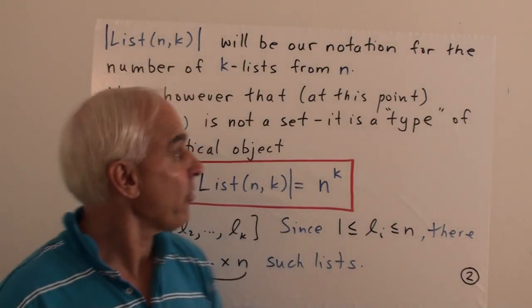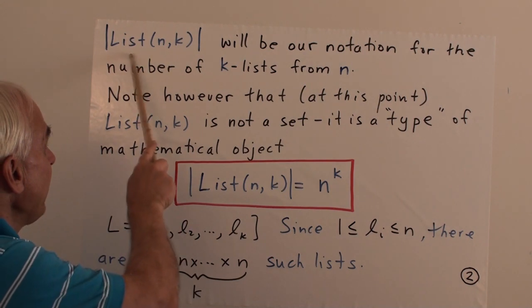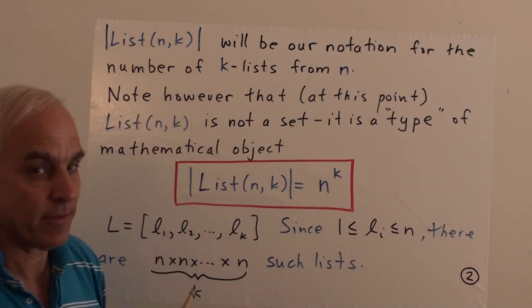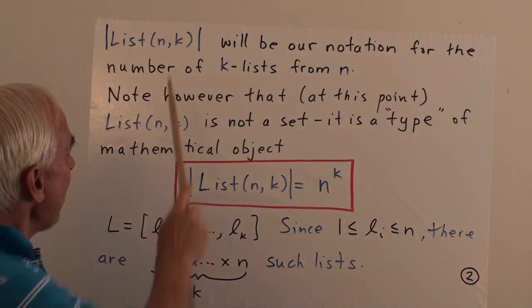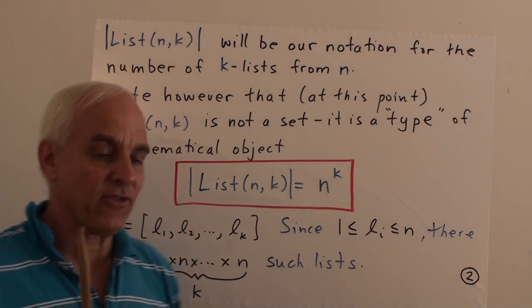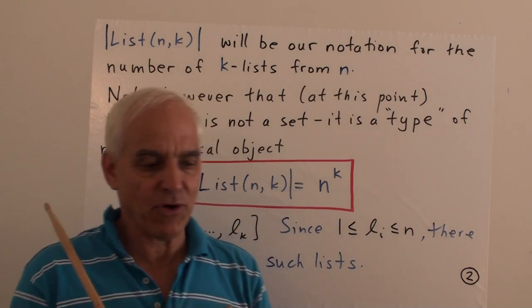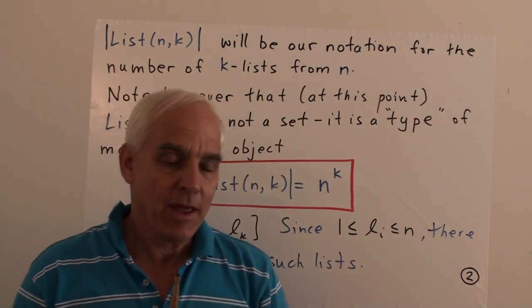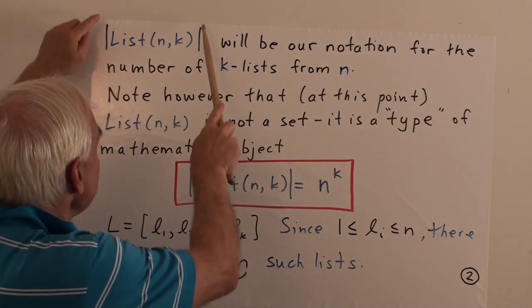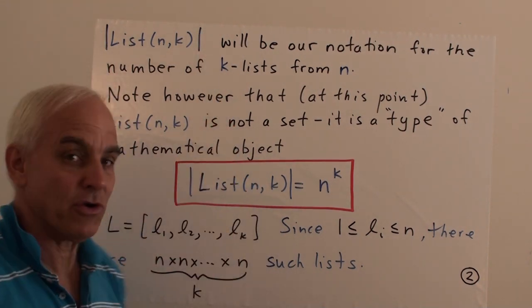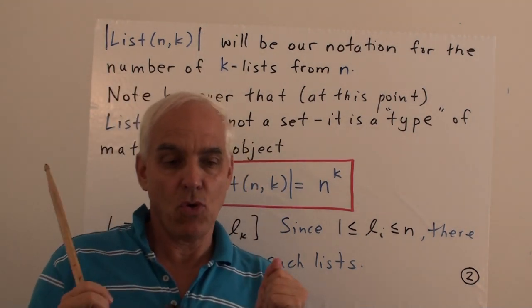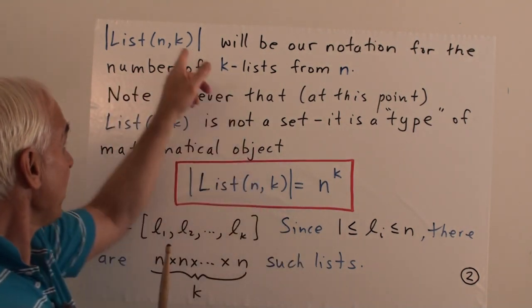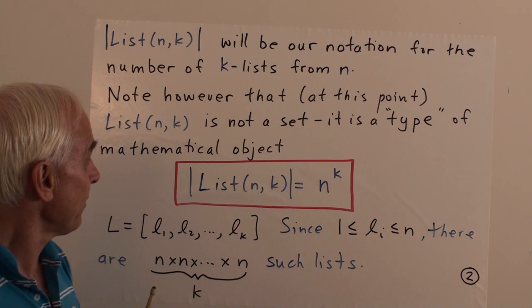So our first counting problem is to understand how many lists there are, which are k lists from n. While list n k is for us a type, so we refer to a data structure having this particular type, we are still going to use this somewhat familiar notation for the size, or in other words, the number of objects which actually have this type.